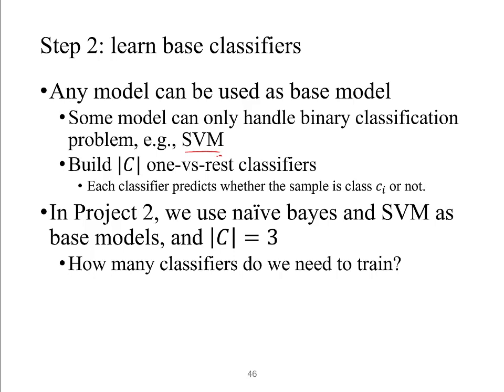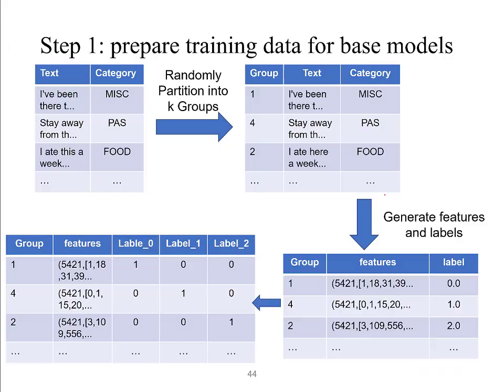So in order to handle this issue, we will instead build, say, one versus rest classifiers. Right. So this say is the number of label types in the data set. So in our case, the size of say equals 3. Right. So one versus rest classifiers means that each classifier predicts whether the sample is class Ci or not.